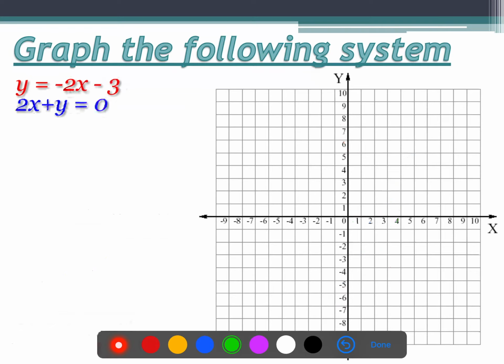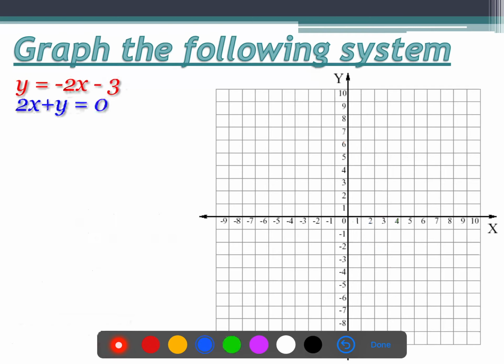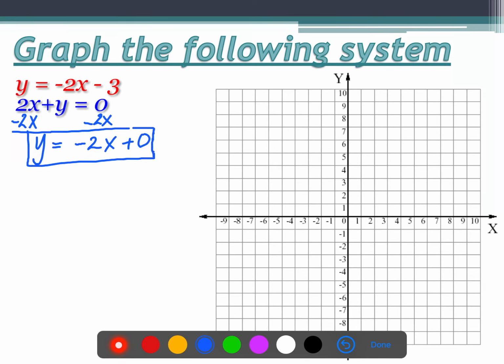Okay, our second system, I'm looking at this equation and I see that this is not in slope-intercept form. So I need to solve for y. And I'm going to keep the plus 0 so I know where to begin. Okay, but that's the form of the equation that I'm going to graph now.